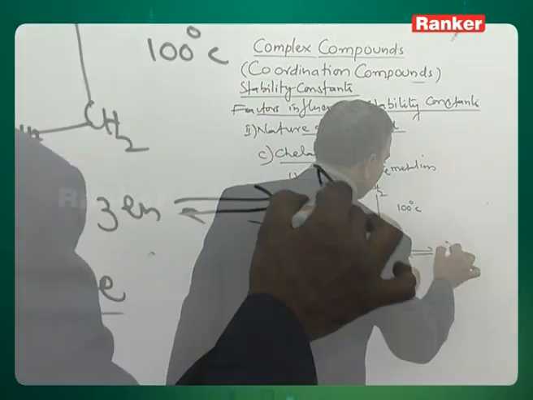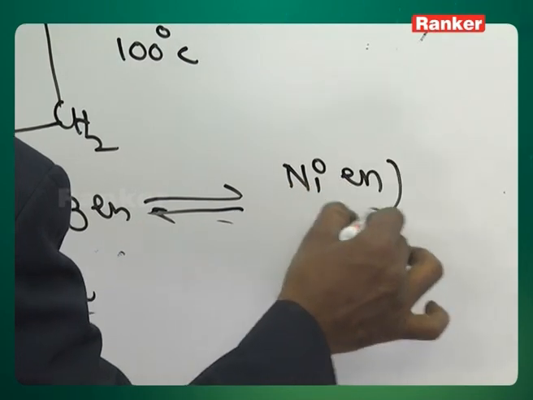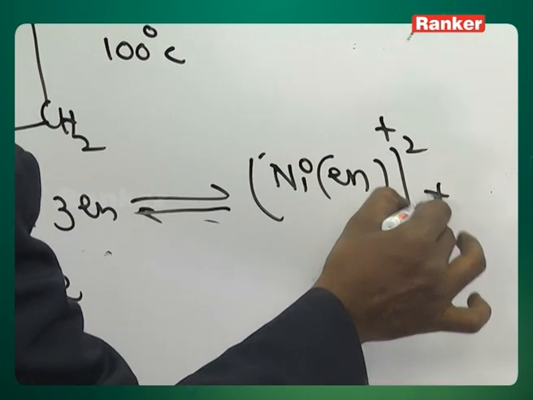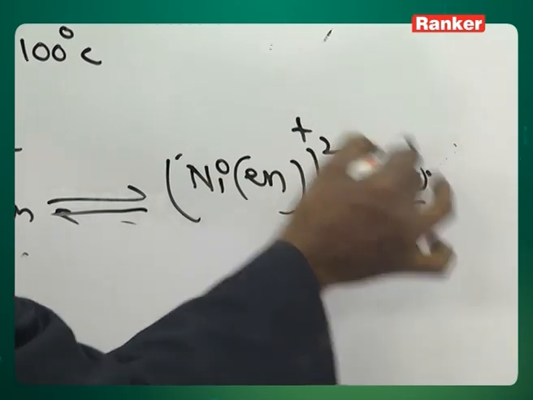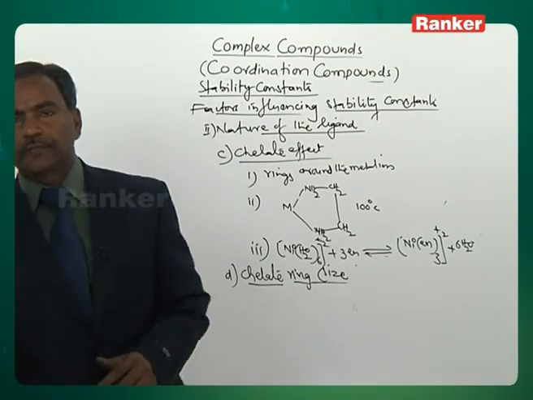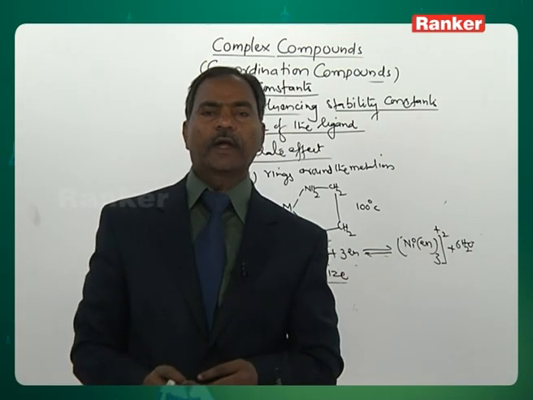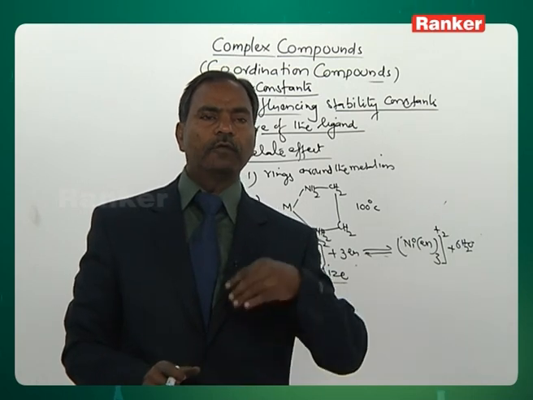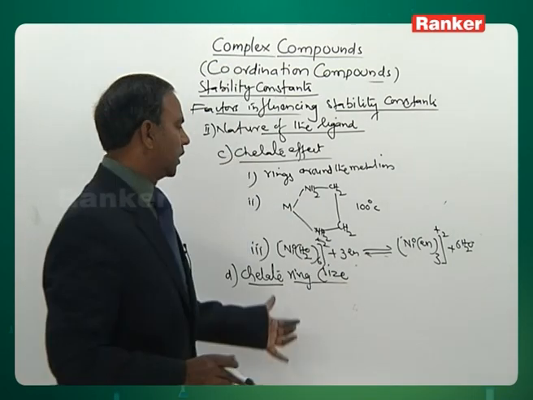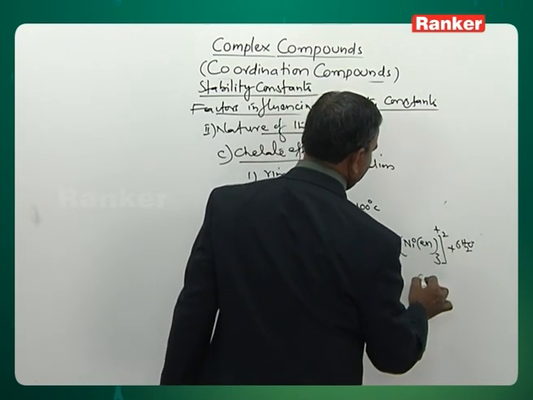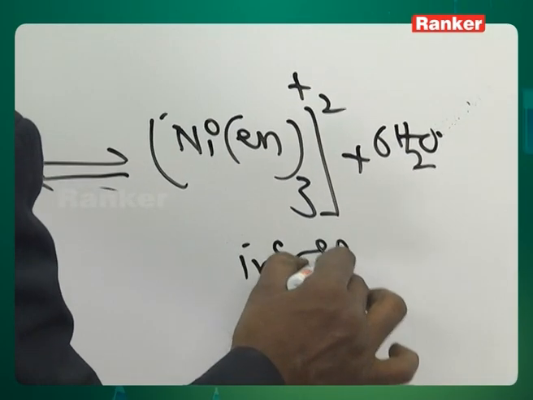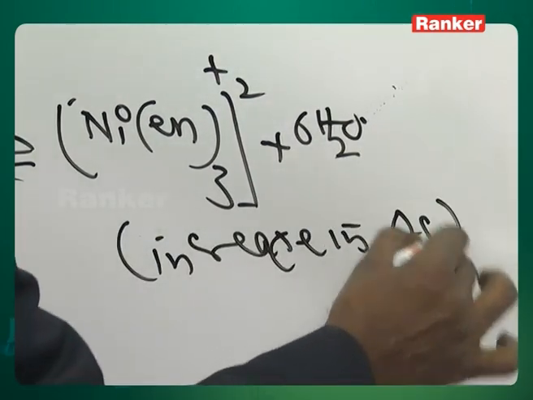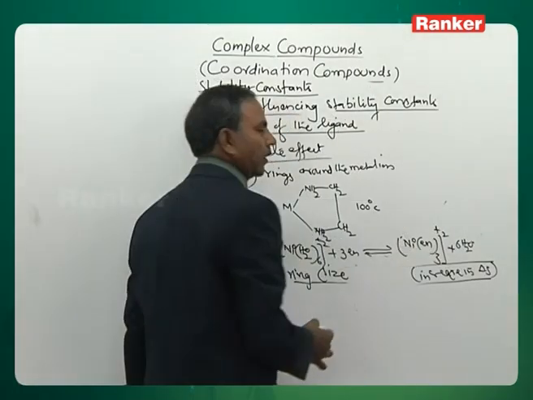In the direction of formation of the complex, whenever a complex with the chelate ligands is produced, there will be an increase in entropy. Delta S is increasing here.